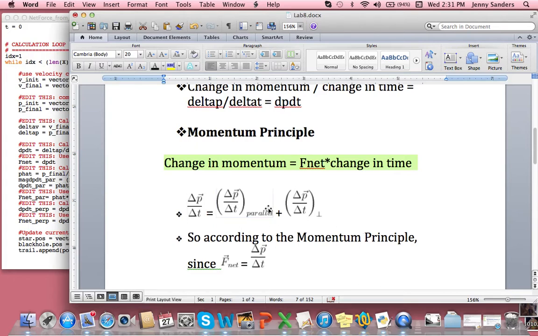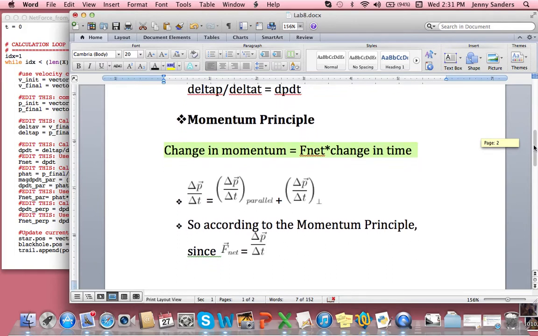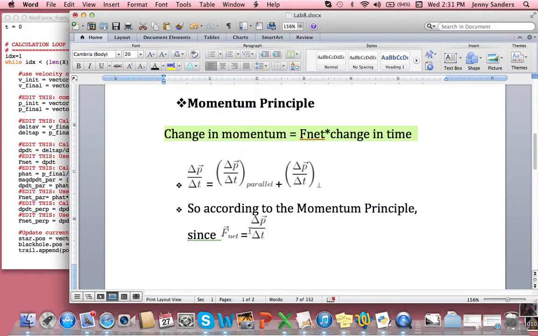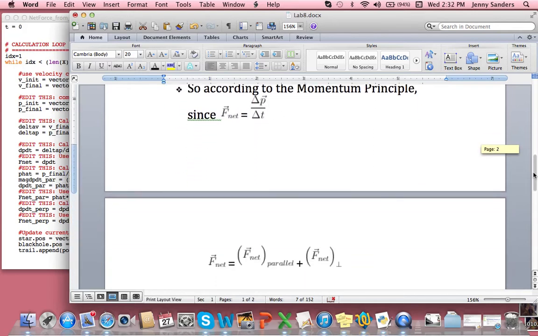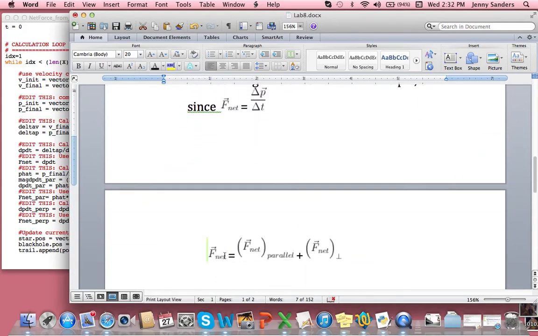It's going to be equal to dP dt parallel plus dP dt perpendicular. Since the momentum principle sets F net equal to dP dt, we can also say that F net equals F net parallel plus F net perpendicular as well.